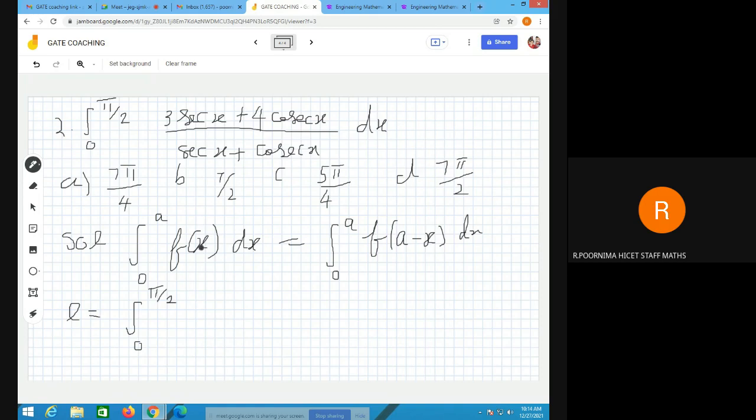Then the function f of x is the trigonometric function, so you write 3 secant x plus 4 cosecant x divided by secant x plus cosecant x.